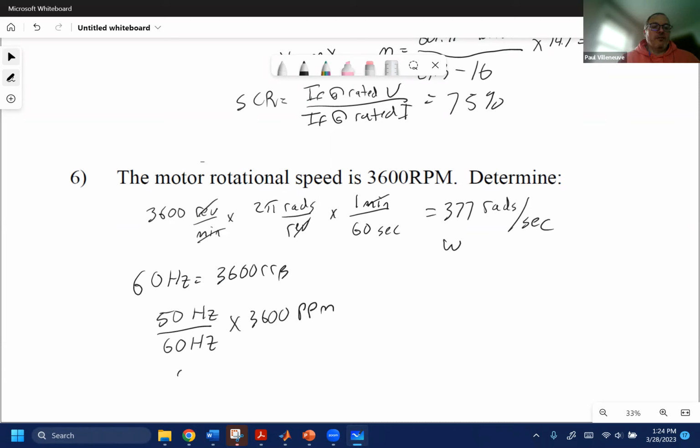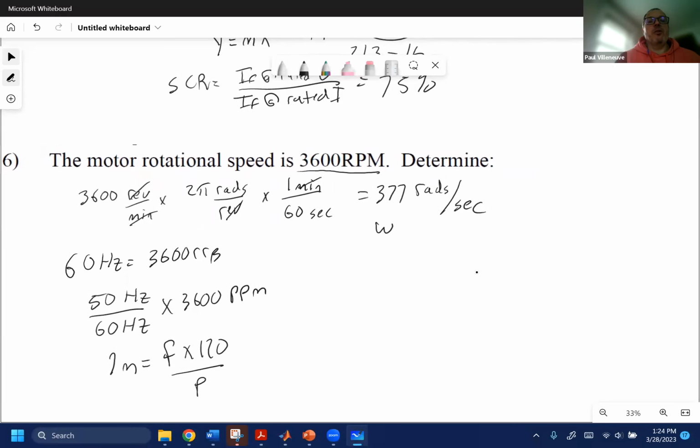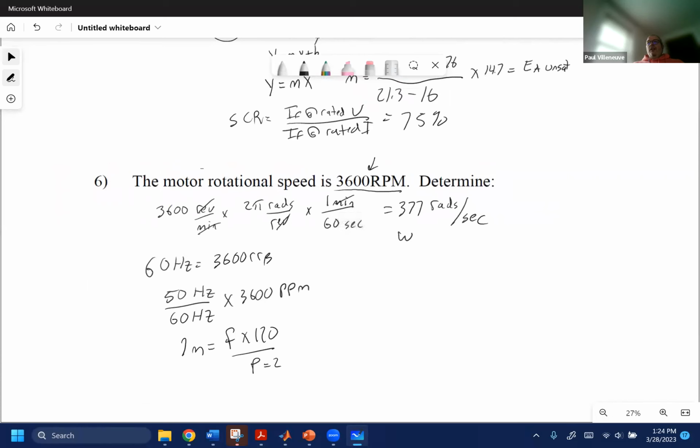You also, if you don't remember, so that's just a practical way. The actual equation is the frequency times 120 over the number of poles. The only hard part about this is when we have 3,600 RPM, you need to know what the speed is. Well, we talked about if it's a 2-pole machine, it runs at 3,600 RPM. So P was going to be equal to 2.